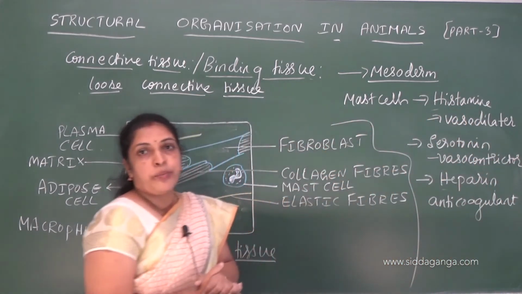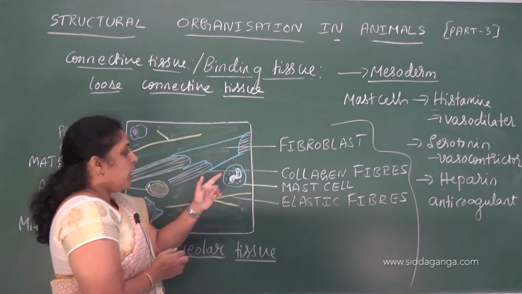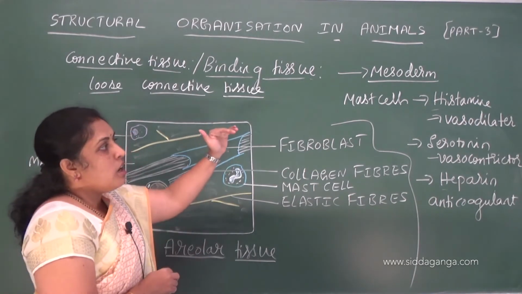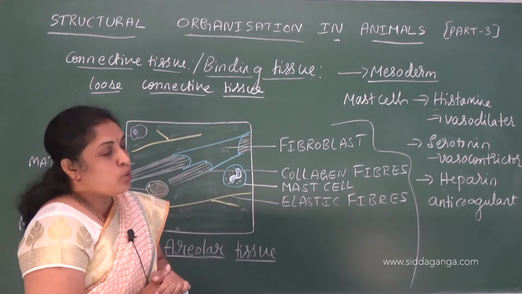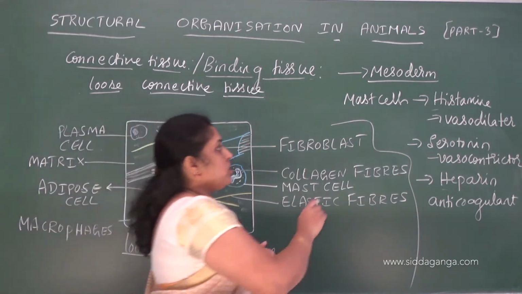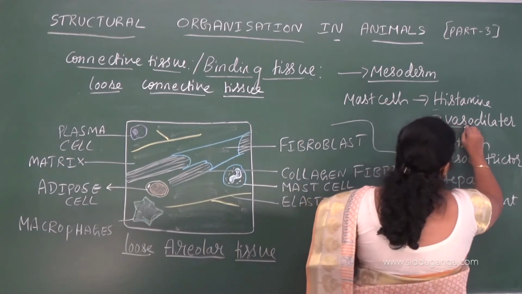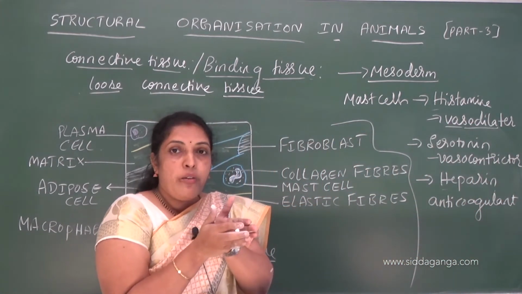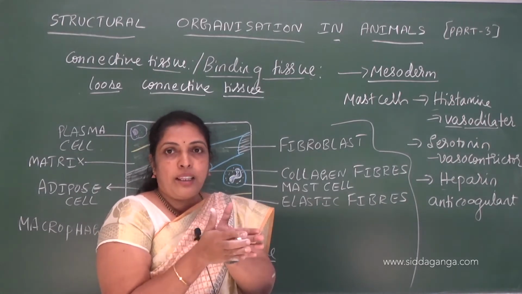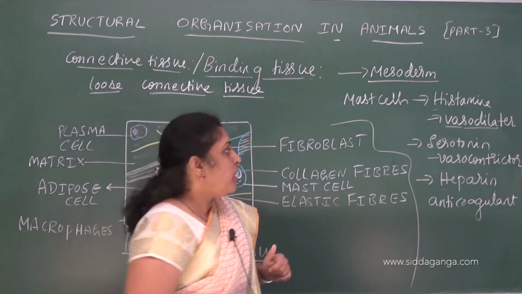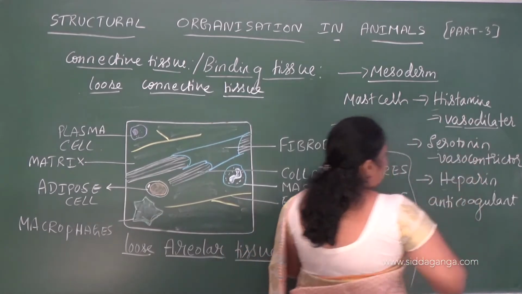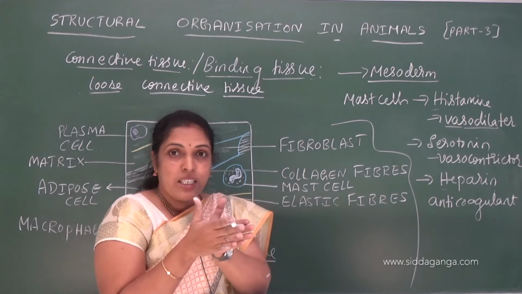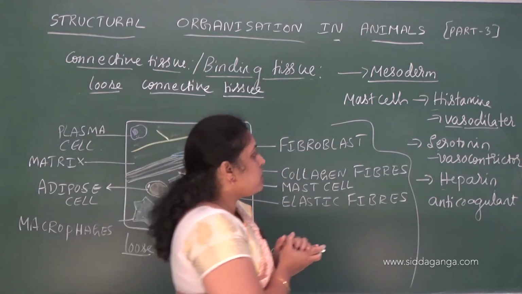Mast cells contain granules. Those granules secrete three types of chemicals. Histamine is mainly responsible for vasodilation. Vasodilation means blood vessels expand and increase in width. Serotonin constricts the blood vessels; it decreases their width.